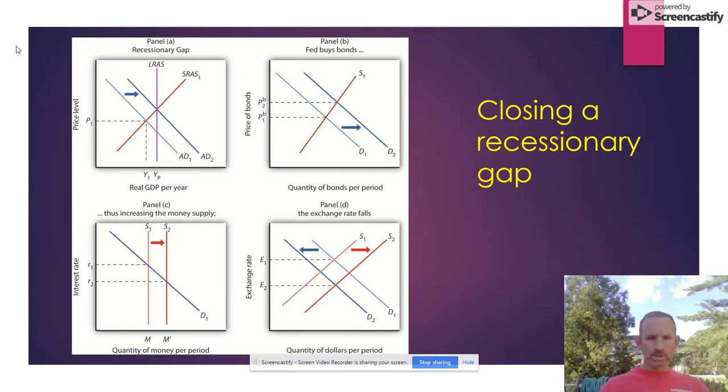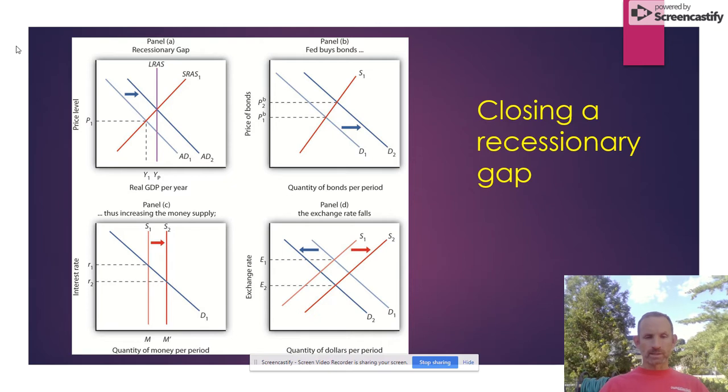Panel B shows you the demand for bonds increasing because the Fed is buying them, so the demand for bonds increases and the price increases. Panel C shows how putting that money in people's hands increases the money supply, so the supply of money will shift to the right. Panel C is showing you the supply and demand for money.